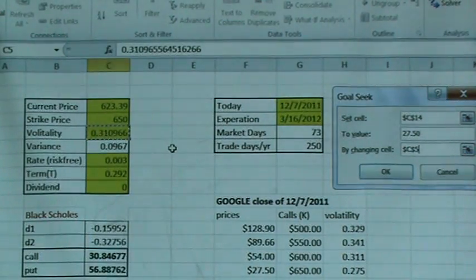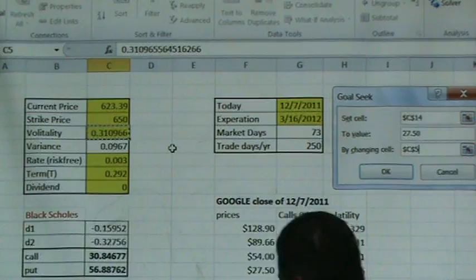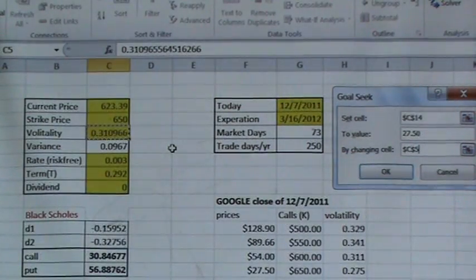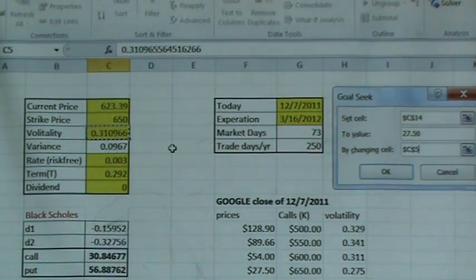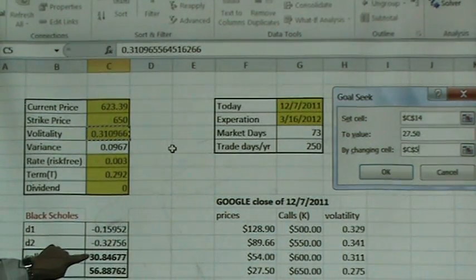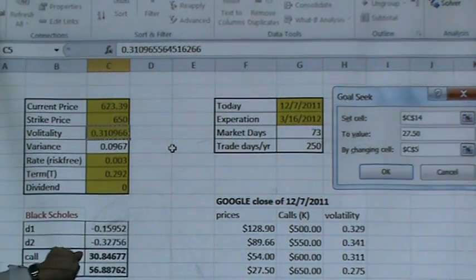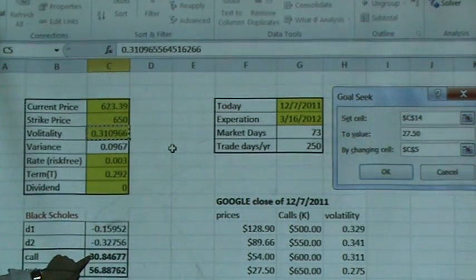So basically what I'm doing here, if you haven't seen goal seek before, is I'm saying, I want the answer, the call price, I want this box to become 2750.